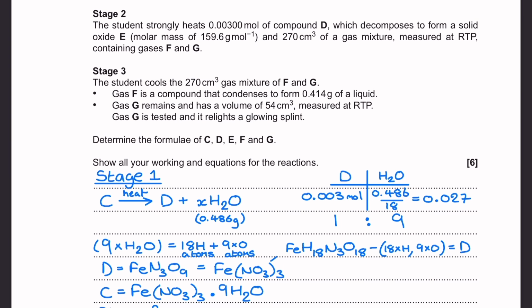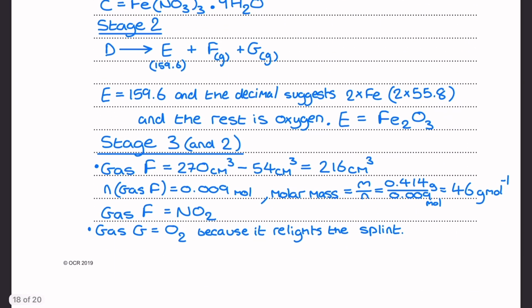The 270 centimeters cubed gas mixture, we're told, is 54 centimeters cubed at room temperature and pressure of gas G. So that means if I do 270 minus 54, I get the volume of gas F at room temperature and pressure. Now, if I divide that by 24,000, the molar gas volume, I find how many moles of gas F there were in that volume, which is 0.009 mole.